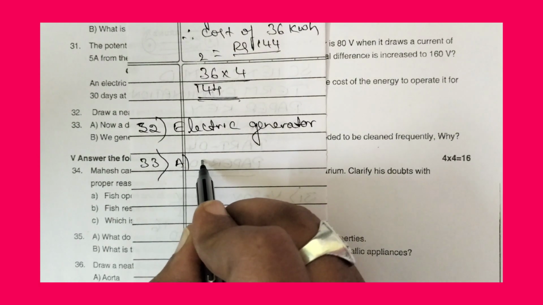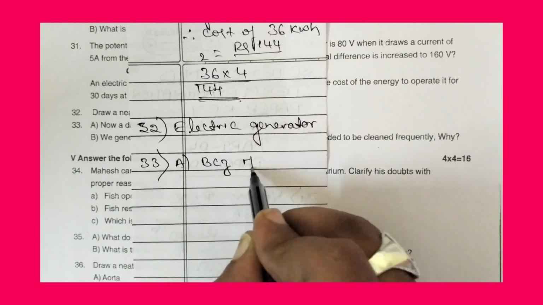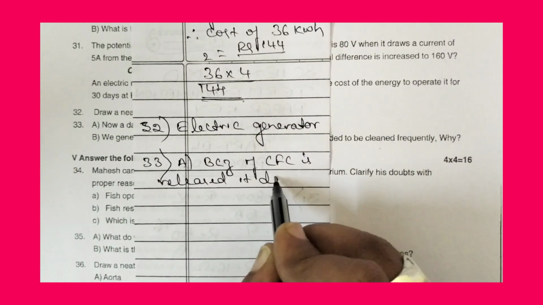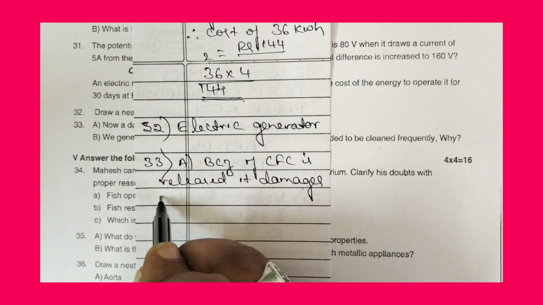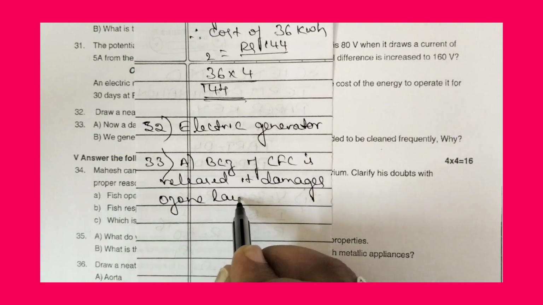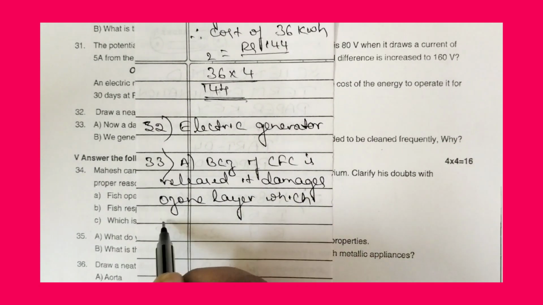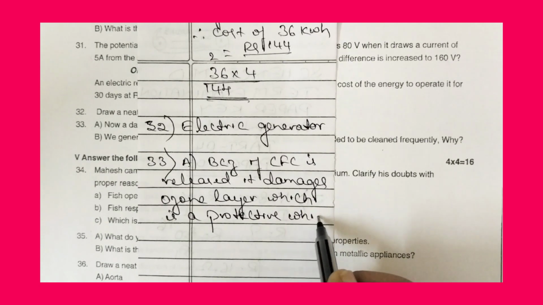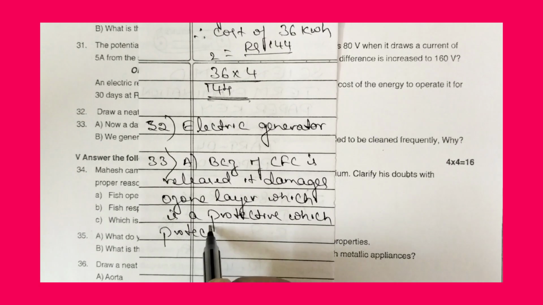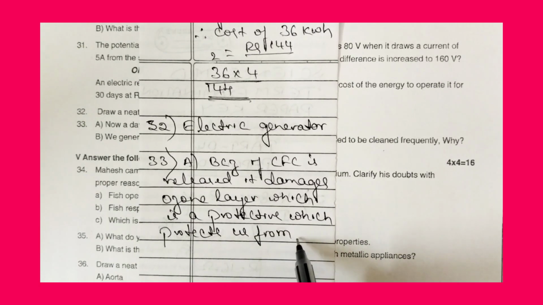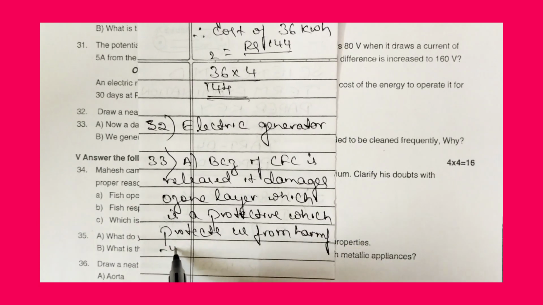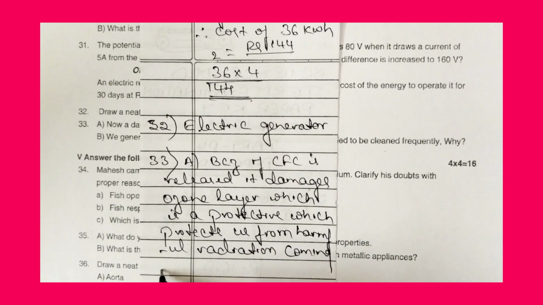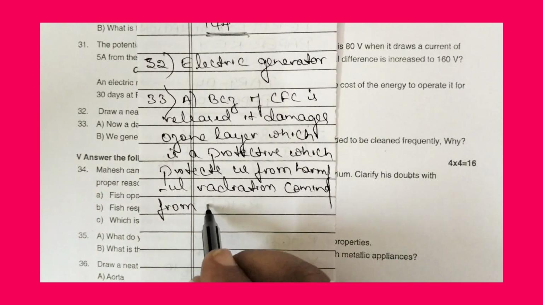We have to use a CFC-free refrigerator because if CFC is released, it damages the ozone layer, which is a protective layer that protects us from harmful radiation coming from the sun.